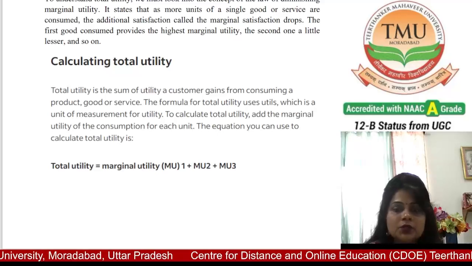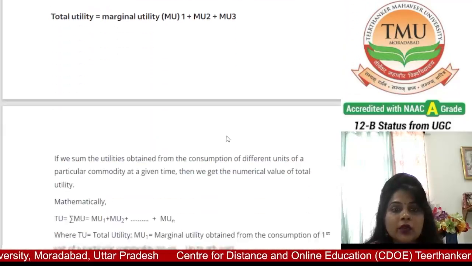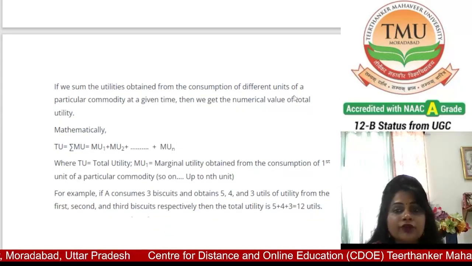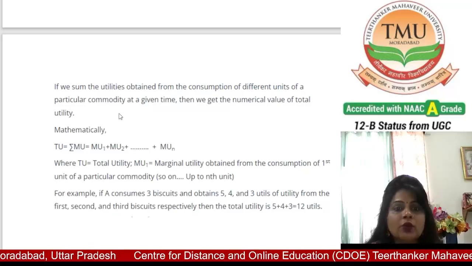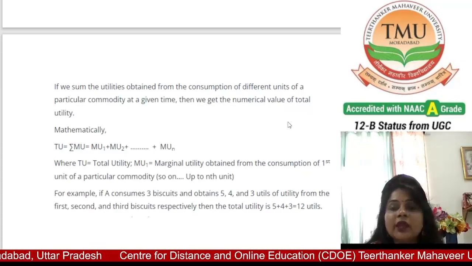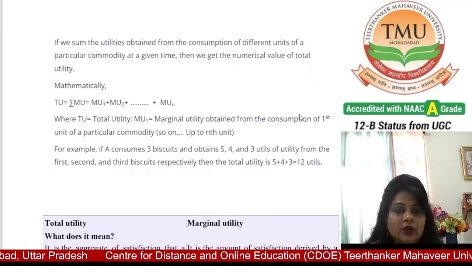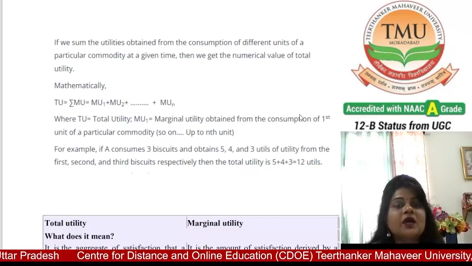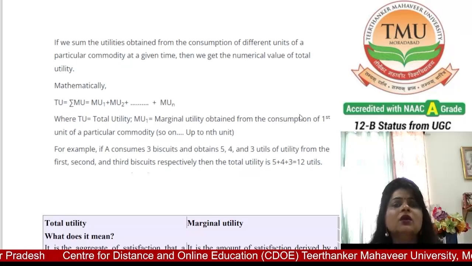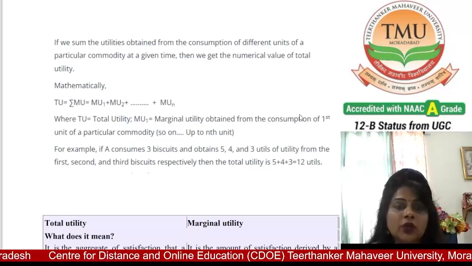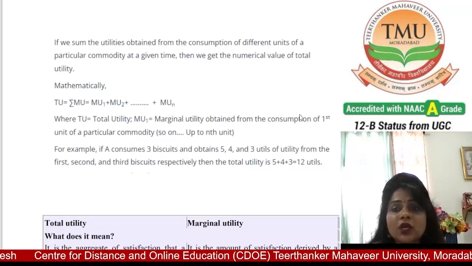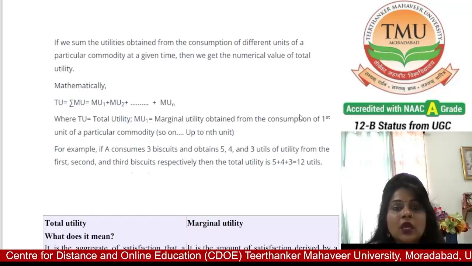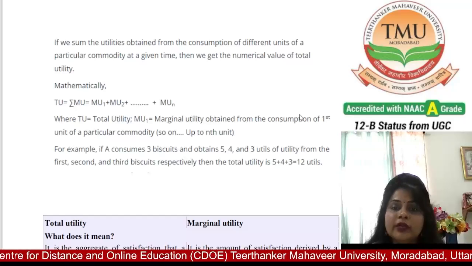I think you have understood the formula of total utility: if we sum the utilities obtained from the consumption of different units of a particular commodity at a given time, then we get the numerical value of total utility, as TU is equal to summation MU, which is MU1 plus MU2 plus MU3, where TU is total utility and MU1 is marginal utility obtained from the consumption of the first unit of a particular commodity, and so on up to nine units.